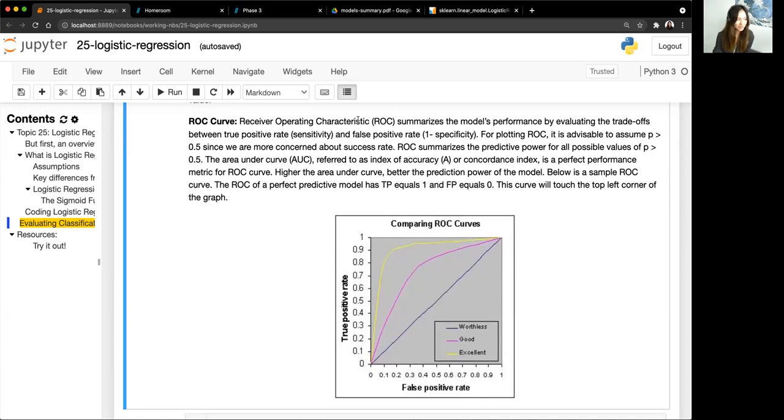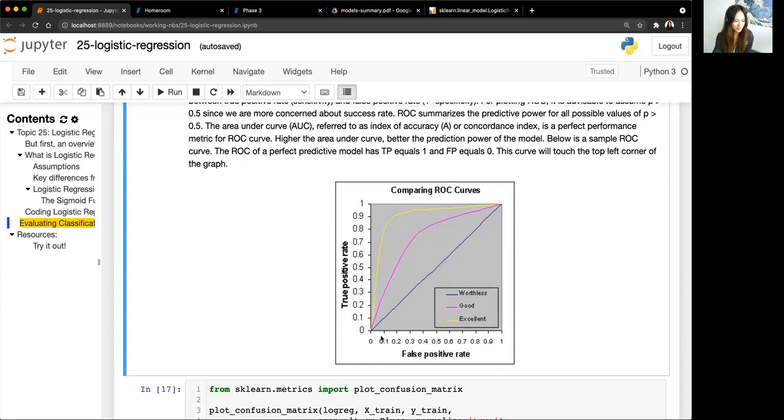ROC typically comes together with AUC. AUC stands for area under curve, and ROC stands for receiver operating characteristic. The line is the ROC curve. The area under the curve is AUC. You can see here, this plots your true positive rate versus your false positive rate.